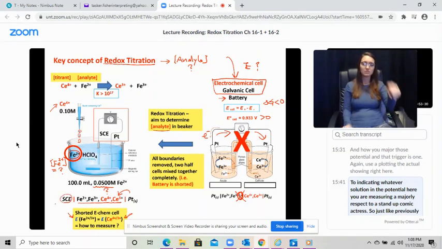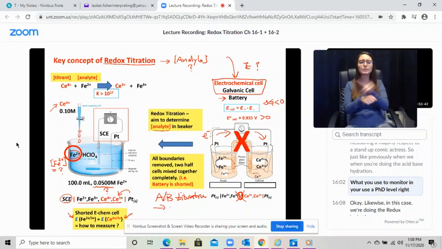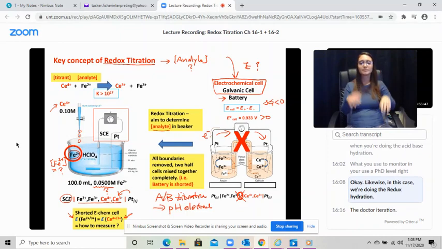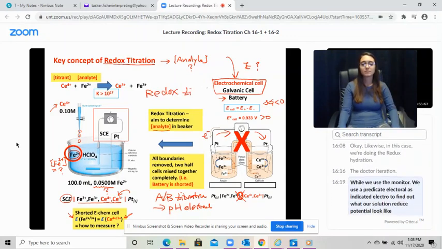Just like previously, when you were doing the acid-base titration, what you used to monitor it was a pH electrode, right? Likewise, in this case, we're doing the redox titration. What we use to monitor is a platinum electrode as an indicator electrode to find out what the solution redox potential looks like.